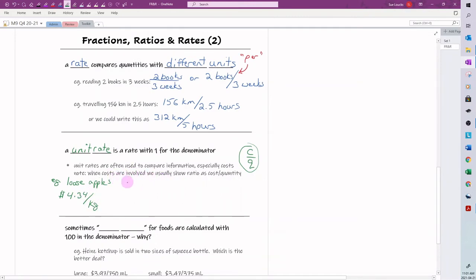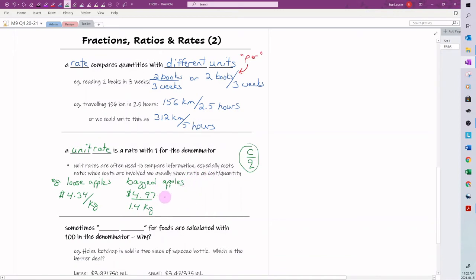I'm going to compare this price for loose apples to the price for bagged apples, which on this day was $4.97 for a bag holding 1.4 kilograms.